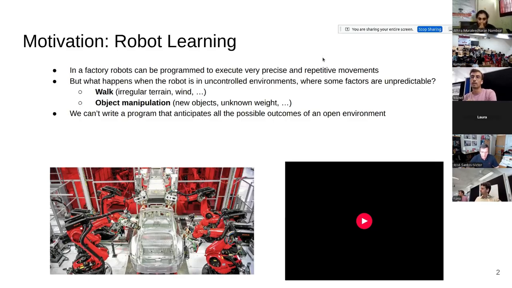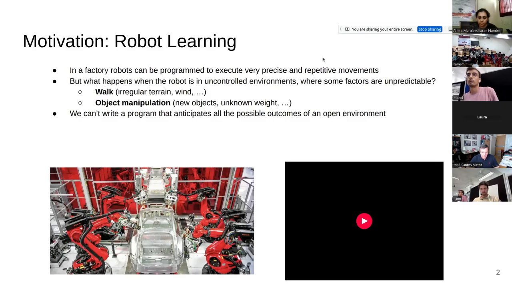So this works very well, and it's obviously super useful. But there are situations where we would like to have our robots in uncontrolled environments where we cannot repeat everything the same every time because some things are unpredictable.